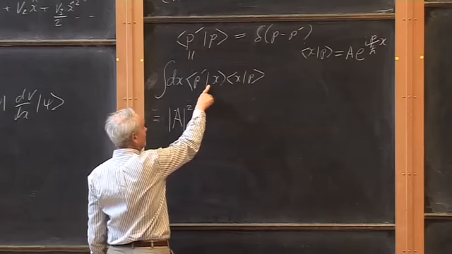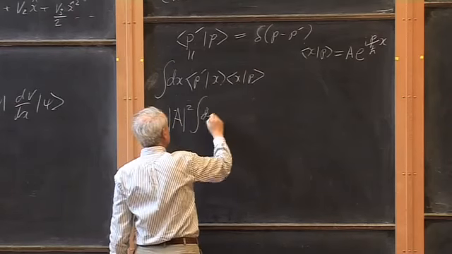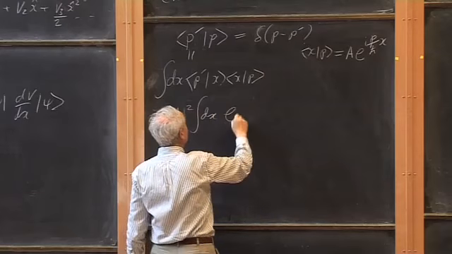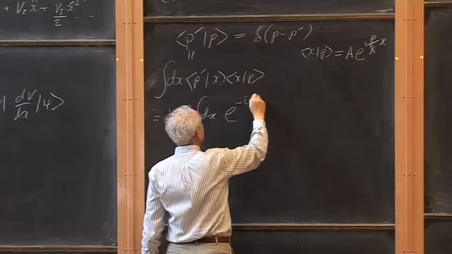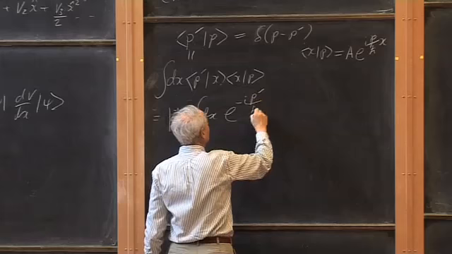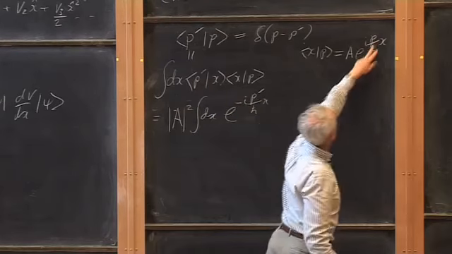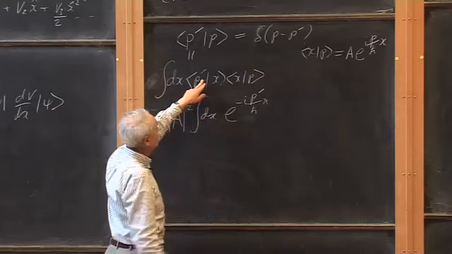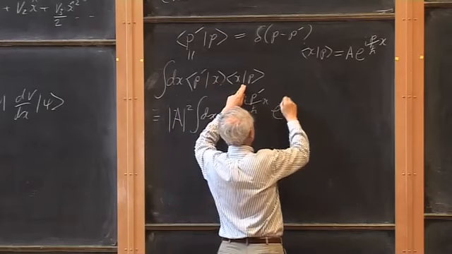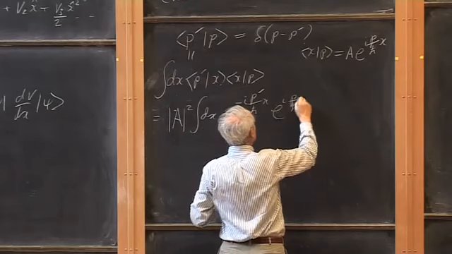So what we have is that this is equal to mod a squared, because we get an a from here and an a star from here, the integral dx of e to the minus i p primed over h bar x. That's from here, the complex conjugate of that with p made into p primed. And from this, we simply have an e to the i p over h bar x.